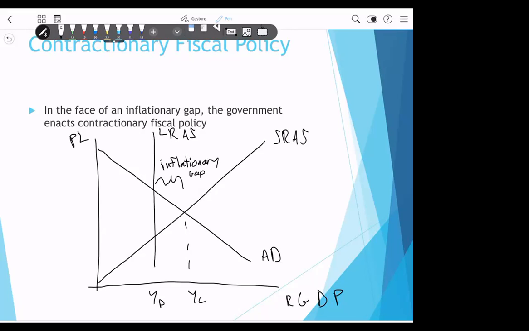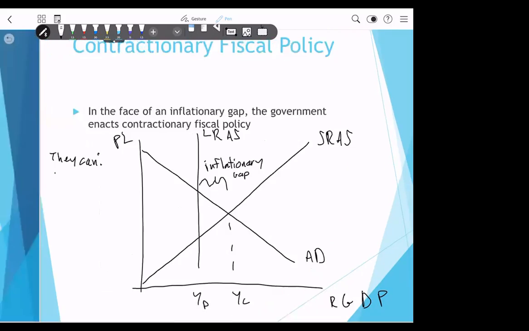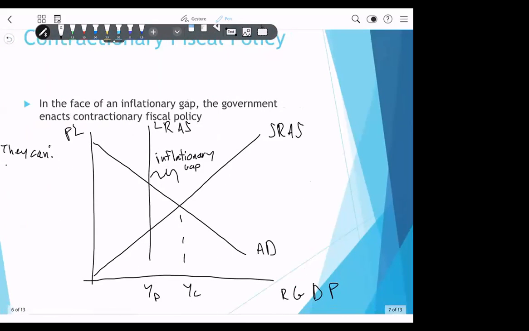In the face of an inflationary gap, the government can increase taxes, decrease transfers, and decrease purchases.